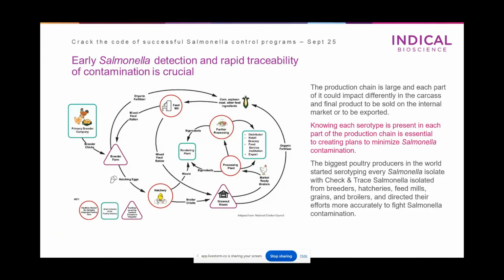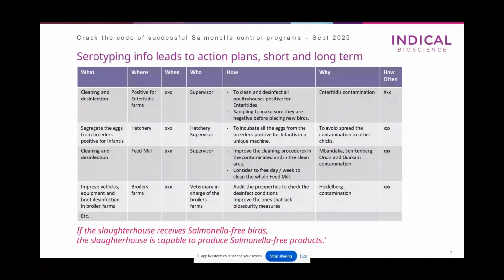Leslie? So that serotyping information will lead to action plans. And that's the whole idea of understanding which Salmonella is contaminating your production chain. In this case, I'm showing a couple of actions that may be implemented after contamination of Salmonella in the production chain.